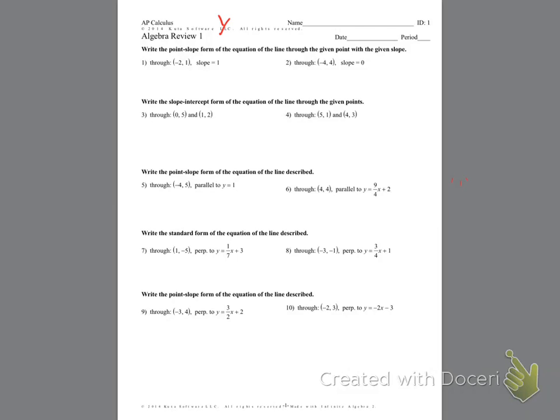So the formula looks like this. It's y minus y1 equals the slope times the differences in the x's, right? Alright, and this formula is really just the slope formula if you rearrange it, right?